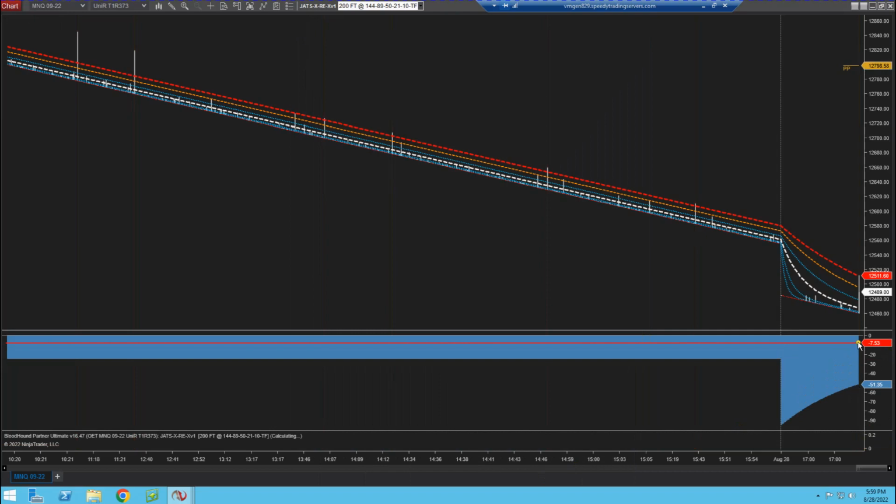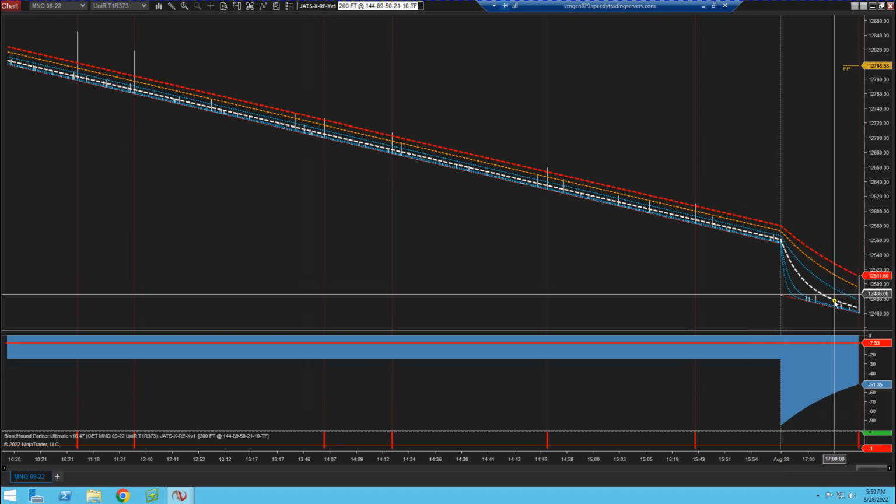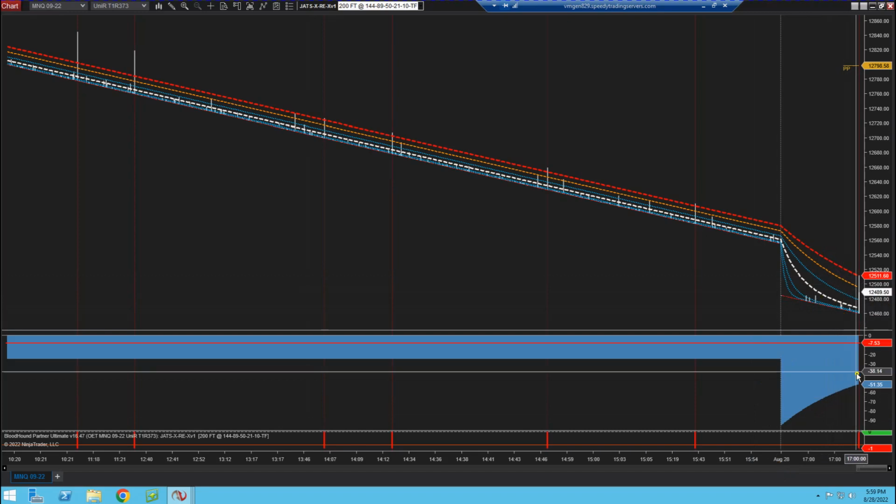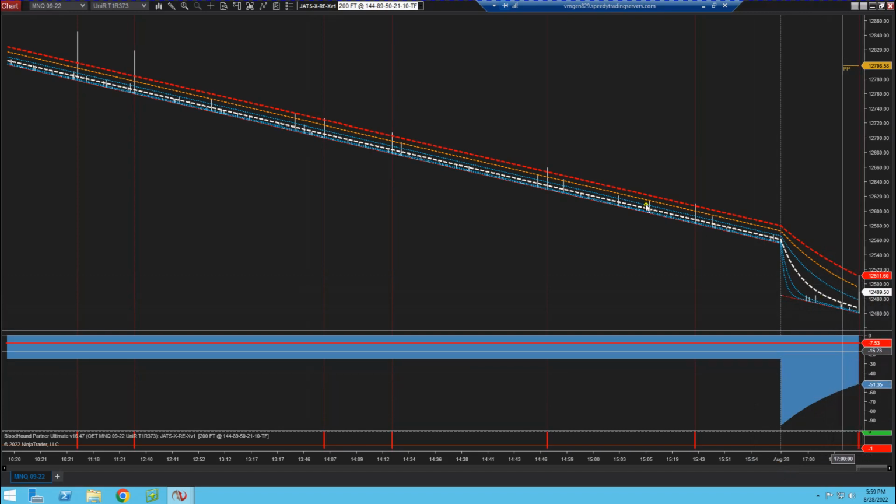And so now I can see where the 50 is compared to the 200, and how far the open is from the level. So if I want to go from 50 to my target, I'm looking at about 50 points.